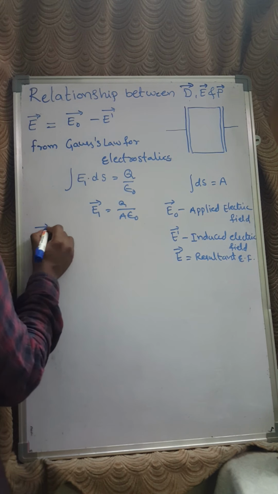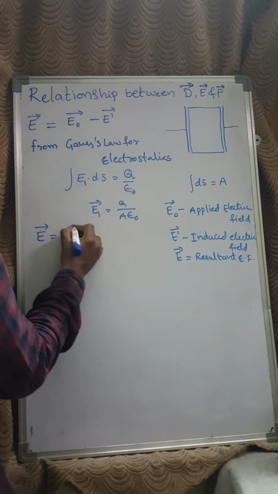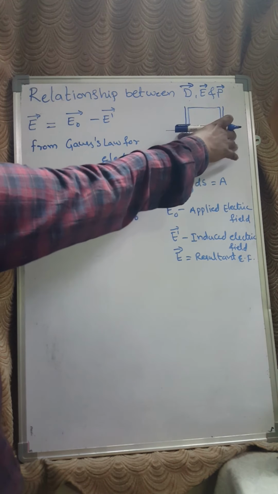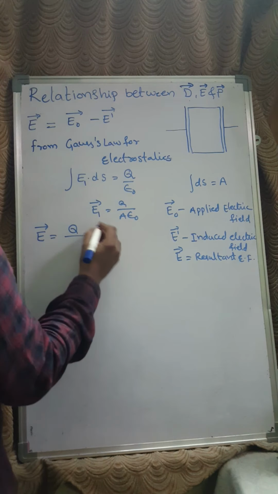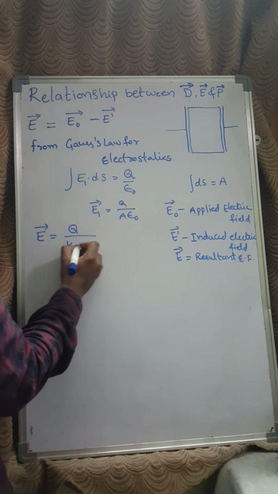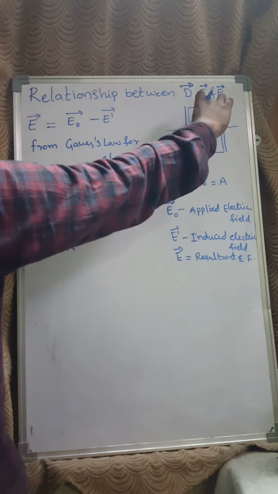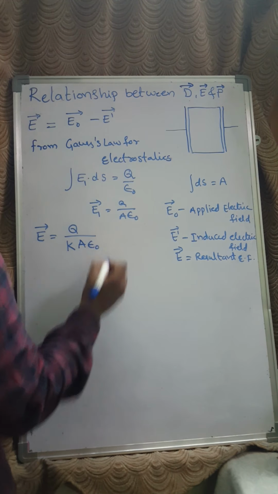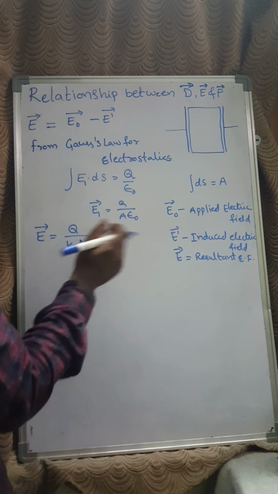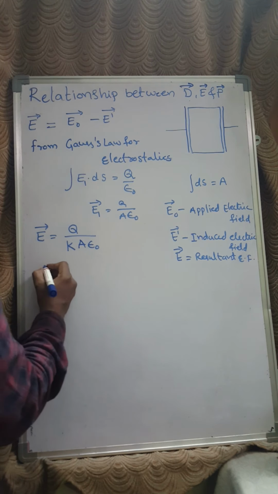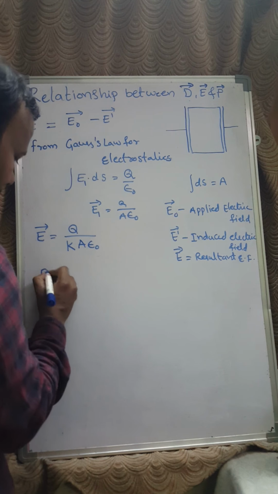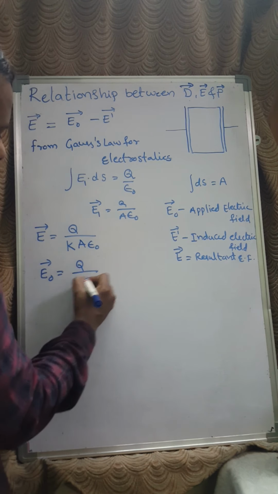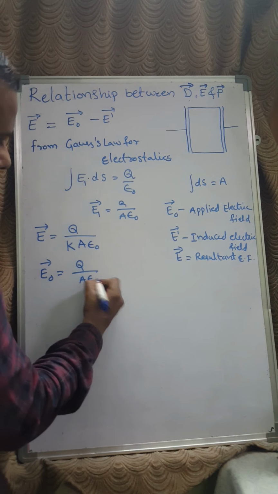E depends upon the total charge Q on this particular capacitor, and also depends upon the dielectric constant K of the slab material, so E is Q by K A epsilon naught, with A the area of the plates and epsilon naught the permittivity. The applied field E naught is Q by A epsilon naught.